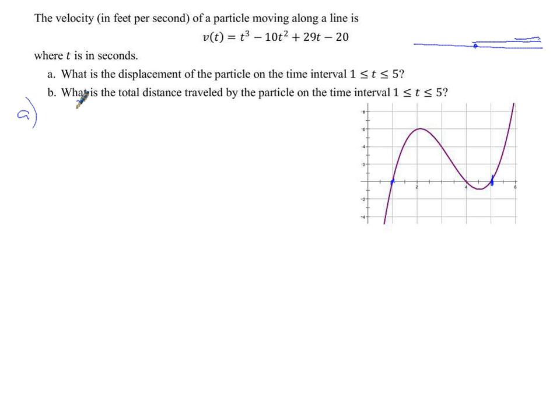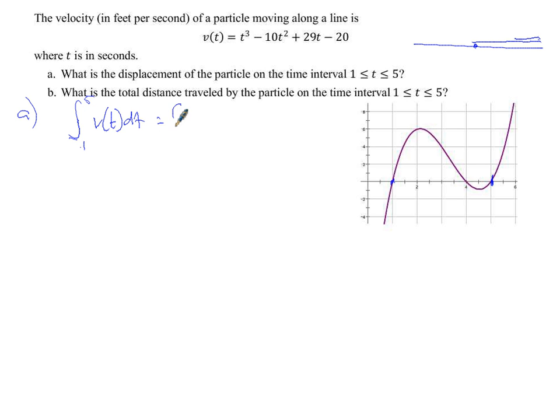By the way, let me back that up. I'm going to write this down a little bit more formally. So from 1 to 5 of v of t dt. That represents that I understand what I'm doing to whoever's grading this in May.